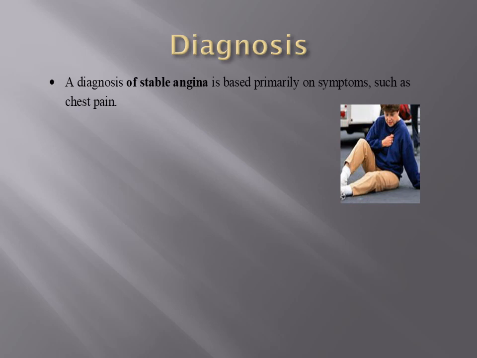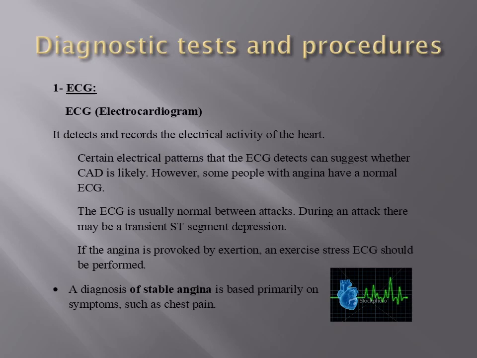Now, the diagnosis of chronic coronary syndrome or chronic stable angina is based primarily on the symptoms, particularly chest pain. There are some diagnostic tests and procedures to help the diagnosis. Number one, basic 12-lead ECG.